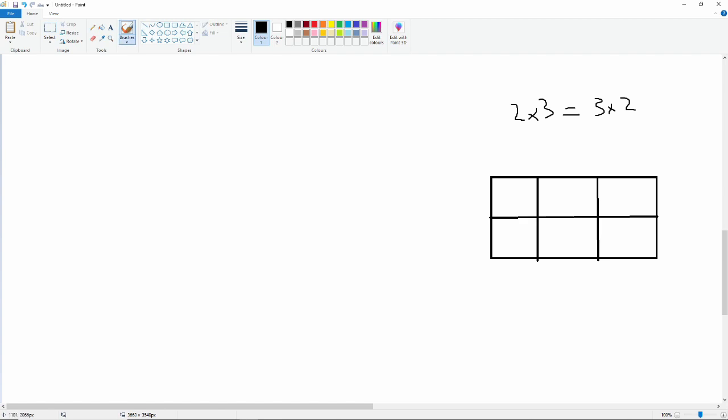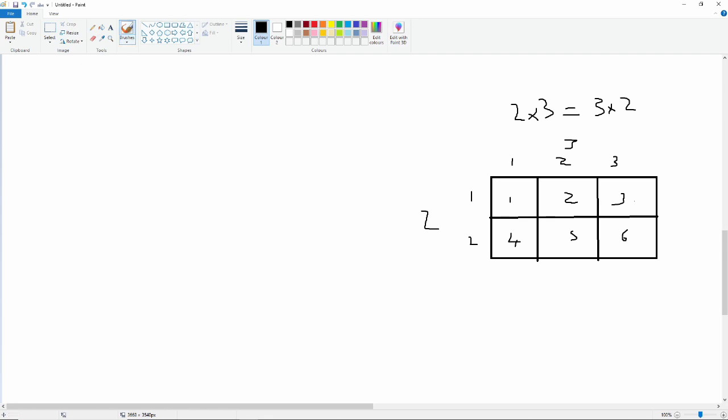Okay, so here we've got 1, 2, and here we've got 1, 2, 3. And so this can be considered as 2 times 3, or 2 lots of 3. You've got 3 here and you've got 3 here. Or you could consider it as 3 times 2 because you've got 3 lots of 2. So if you're counting down, you've got 1, 2, 3, 4, 5, 6.